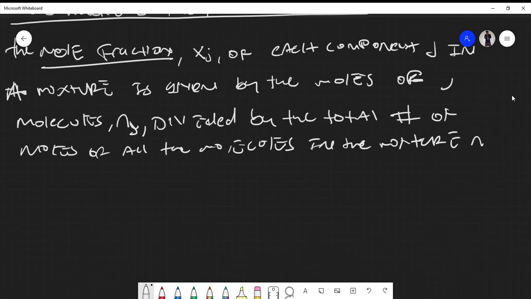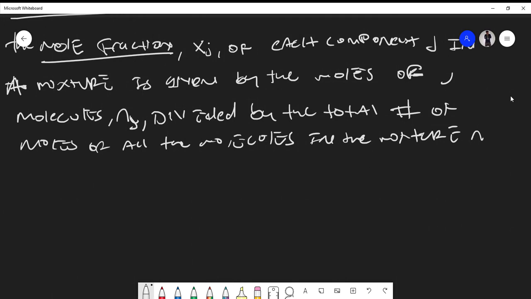So we say that the mole fraction x lowercase j of each component j in a mixture is given by the moles of j molecules divided by the total number of moles of all the molecules in the mixture n.